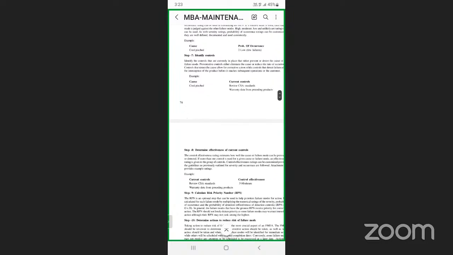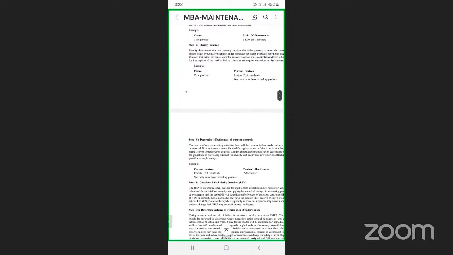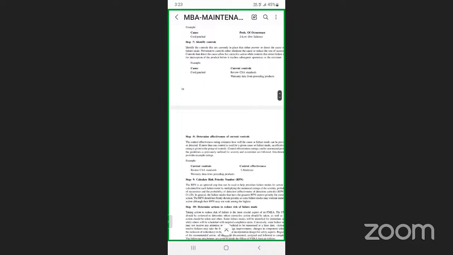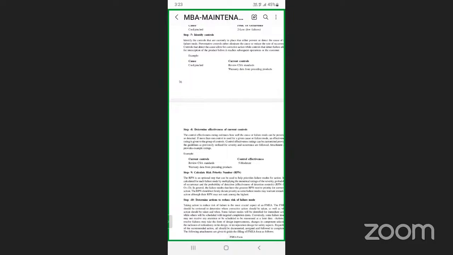Based on the probability values given to the causes, we have found out the risk priority number. We have to prioritize in what ways we can stop or predict the failure. Based on the risk priority number, we have ranked and prioritized the different failures.